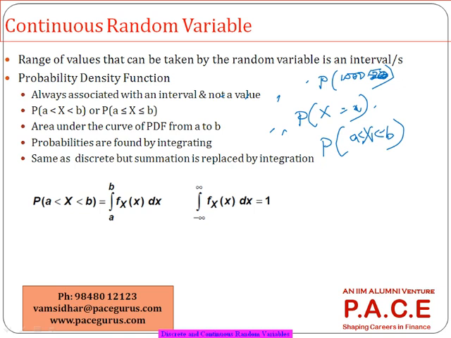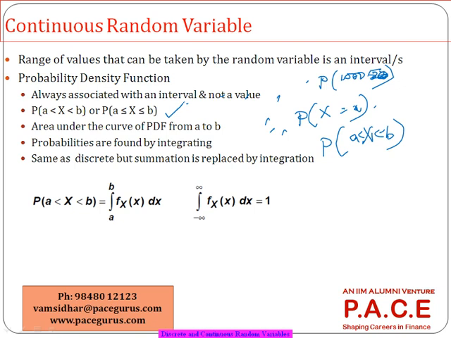I will not say the probability of getting 1000 rupees 50 paisa, because the chances are very, very slim, and it's as good as a 0. Because so many possible outcomes are there, the probability of getting one single outcome is always almost 0. It's a very minute value which can very well be approximated to 0. That's the reason we will not talk about the probability of a single value in a continuous distribution. We will only talk about the probability associated with a range or interval of values.